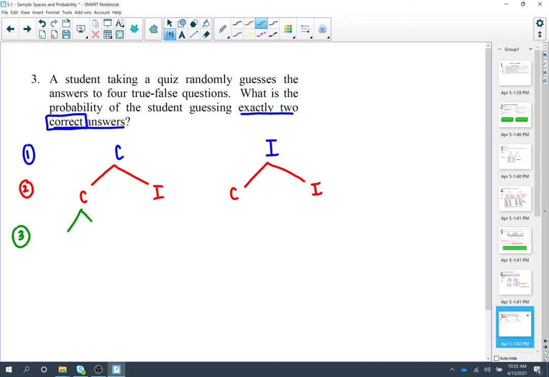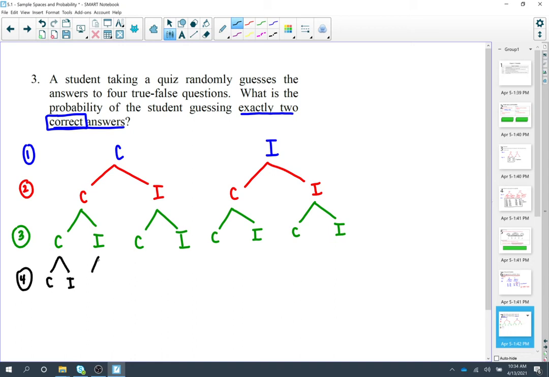Coming out of here, he could again guess correct or incorrect, or correct or incorrect. And we're going to continue this. And then last but not least, he has question 4, which he could then guess correct or incorrect. And we're going to do this the whole way across.